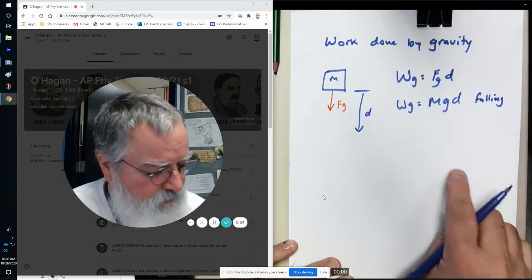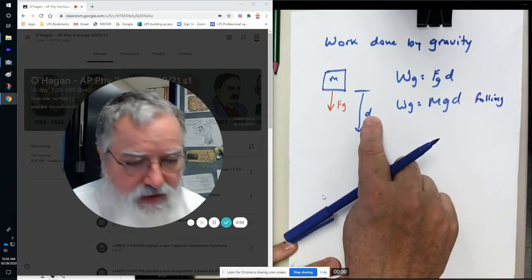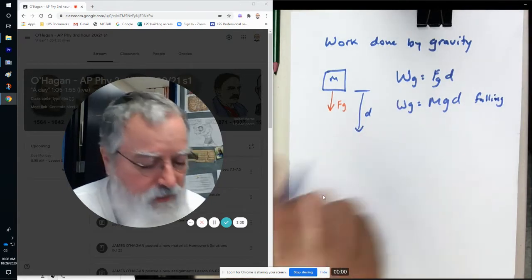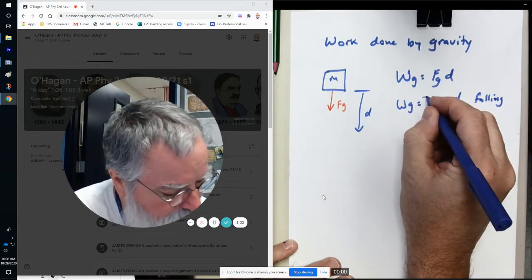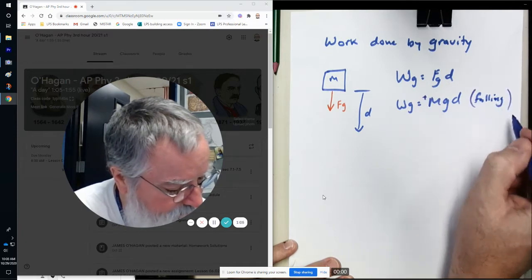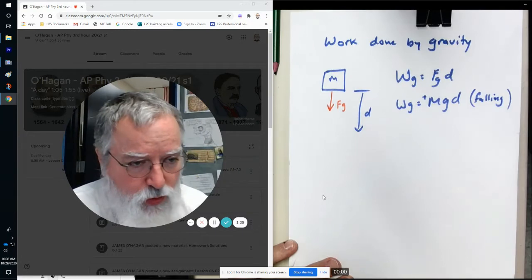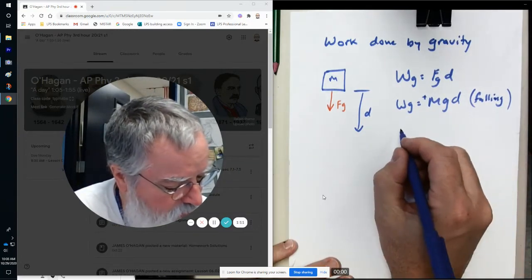Makes sense. If it's falling, the displacement and the force of gravity are in the same direction, so you get a positive amount of work.